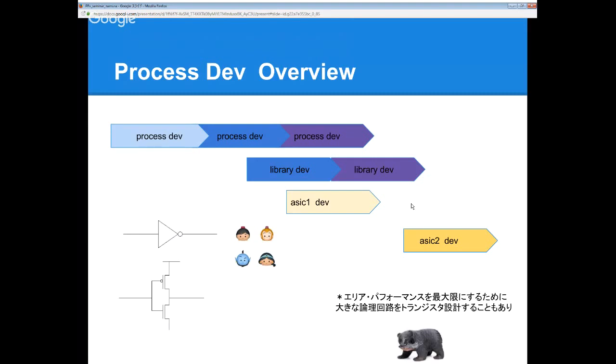I mean, if the usual RTL design works at 1 gigahertz or so, in that case maybe we can get more, 2 gigahertz or 3 gigahertz logic with SPICE transistor design. And also we can reduce the size of the design using the SPICE netlist at transistor level.